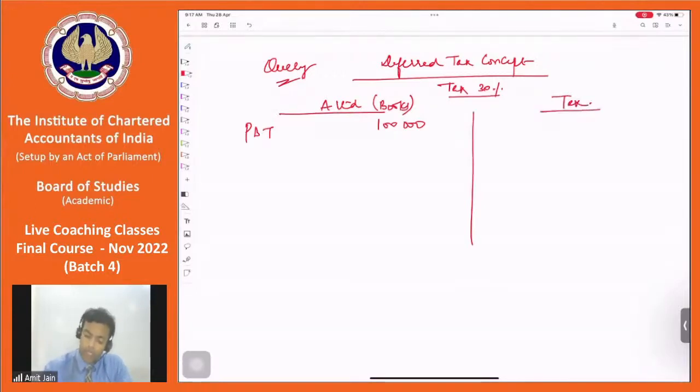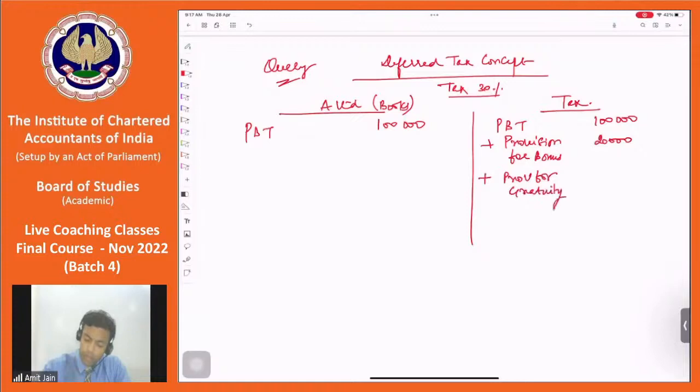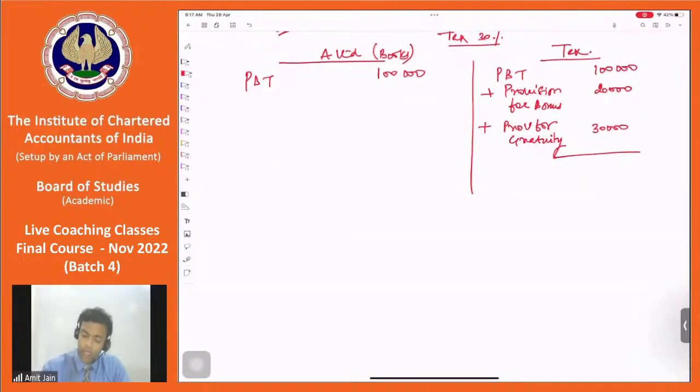How to compute tax? This is my PBT, 1 lakh rupees. I will disallow the provision for bonus, 20,000 rupees. I will disallow the provision for gratuity, let's say 30,000 rupees. So my taxable income has reached 1,50,000.